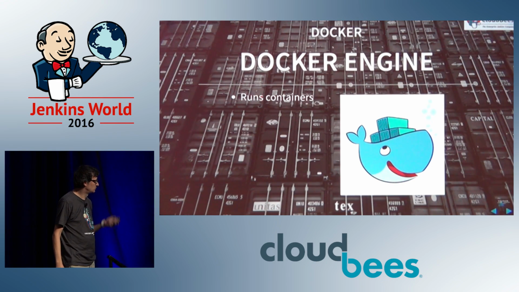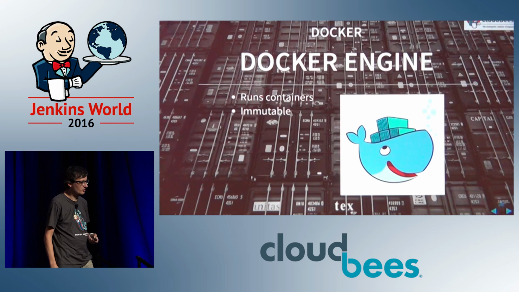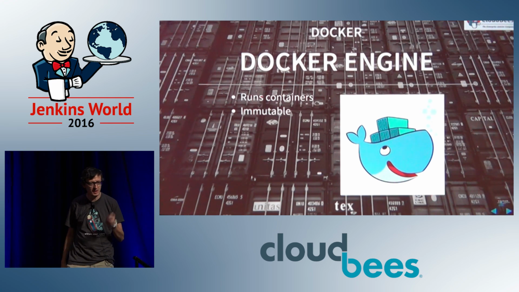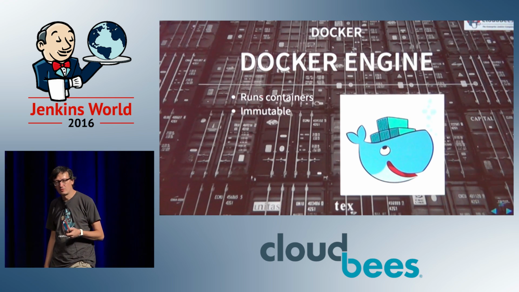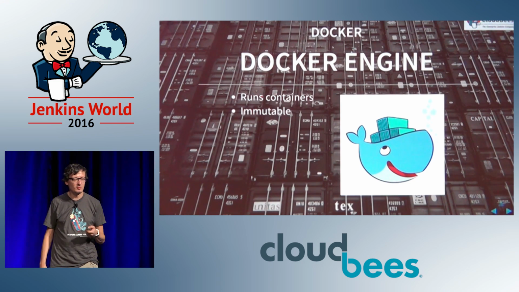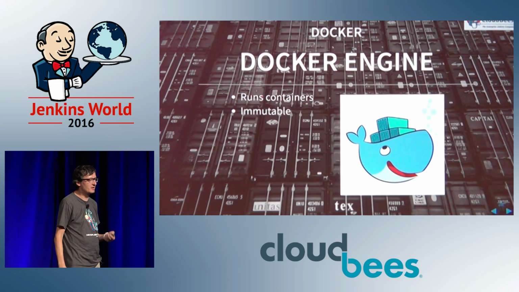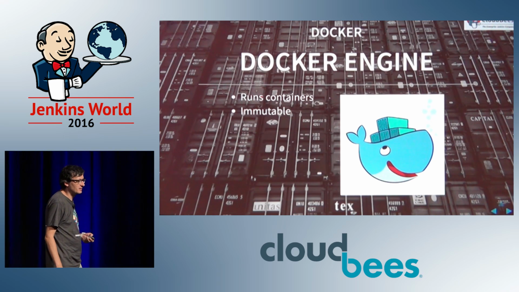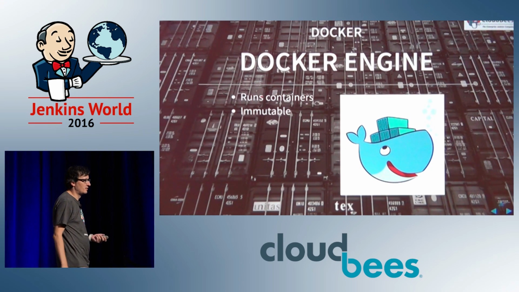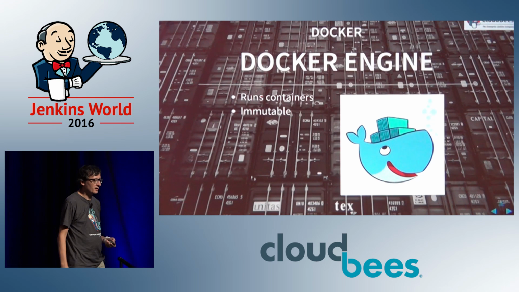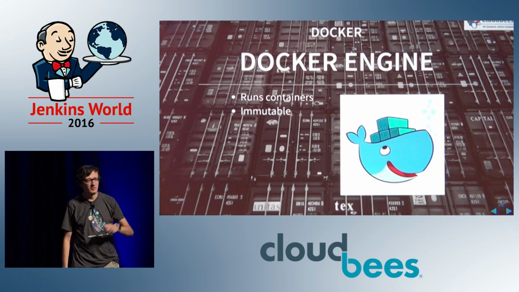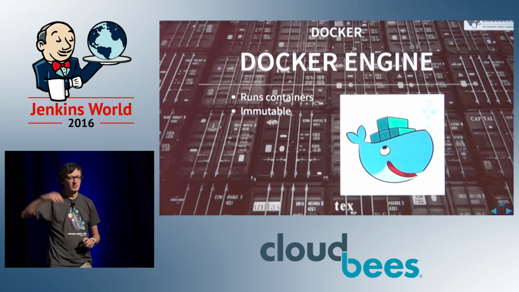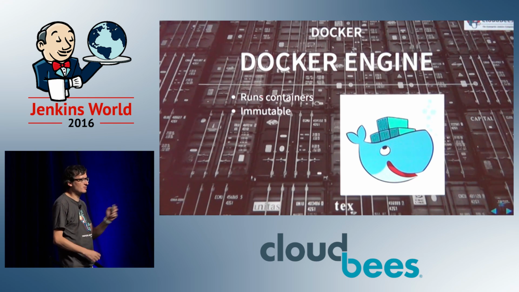But in a nutshell, as I said, we use Docker Engine to run containers. And the reason why we like containers so much, or at least one of the reasons, is that they provide immutability, meaning that once created, images are unchangeable. They're going to be exactly the same no matter whether you run them on your laptop, on your staging environment, production, or a cluster.